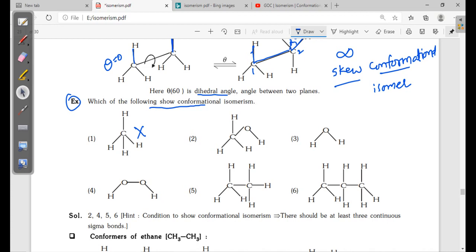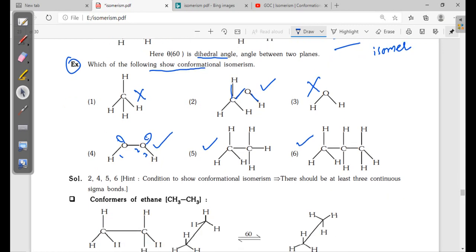Here 1, 2, 3 bonds are there, so conformational isomerism is possible. Here it's not possible. Here continuous 3 are there, and here a lone pair is there, it's okay. But 1, 2, 3 bonds are there means it's possible. The 5th is possible, then the 6th is also possible.